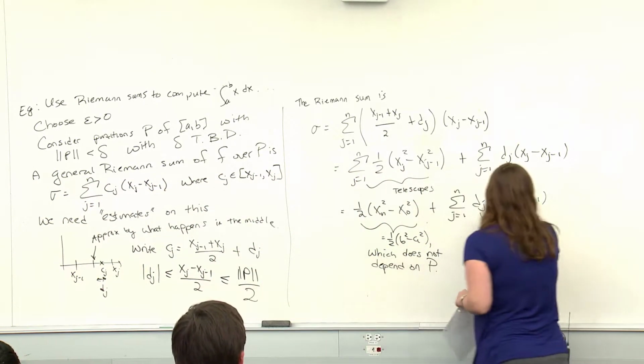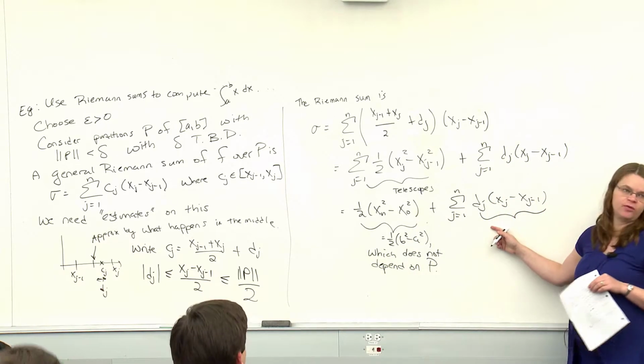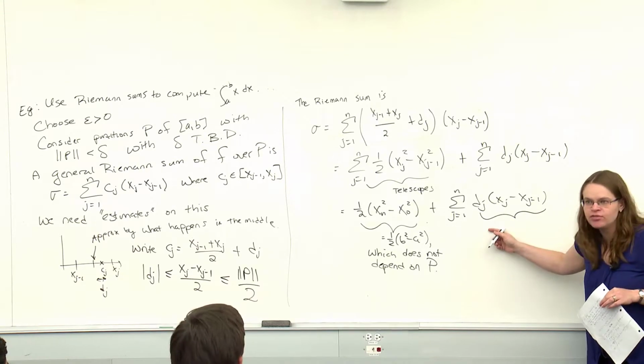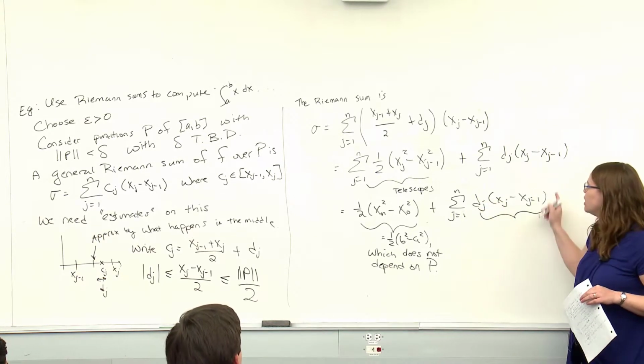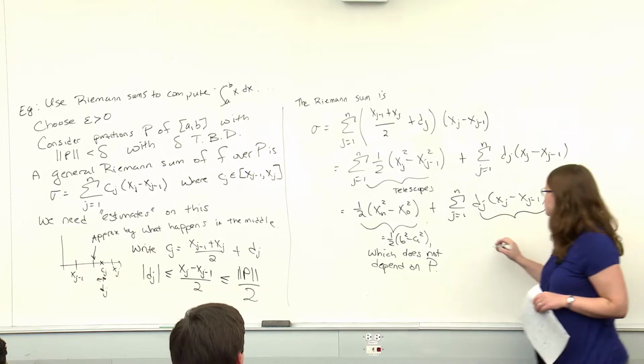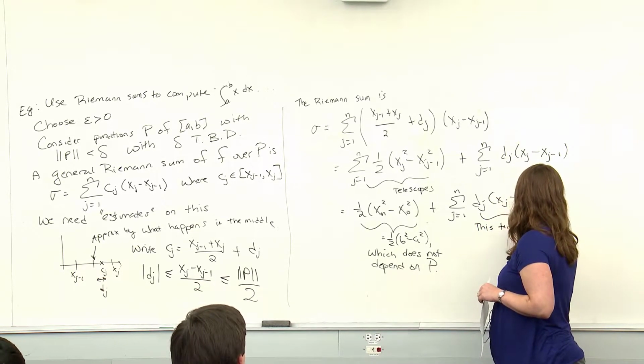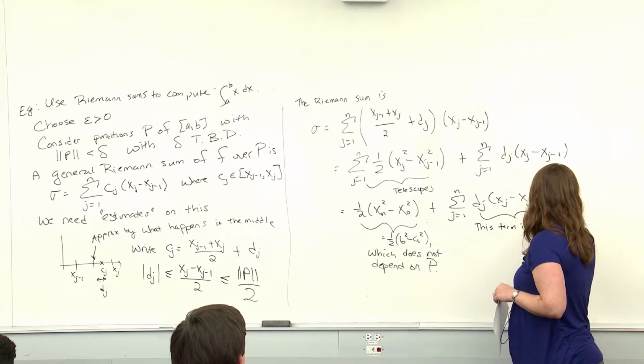Whereas if we look at this thing, okay, these guys, I don't know exactly what this is. I have no hope of knowing exactly what this is. But I have bounds on this, right? I know that these guys are small, and I know that these guys are small. So this term is unknown, but we can bound it.